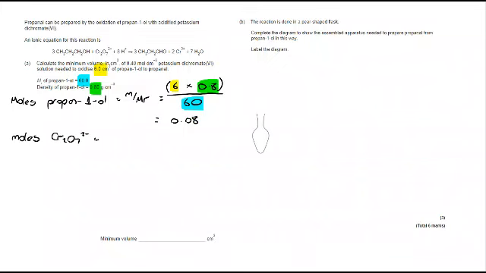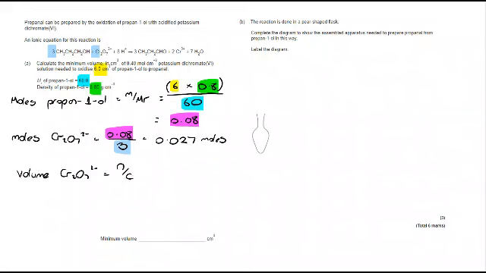For my moles of Cr2O72-, we are going to need to use the mole ratio. 3 moles of propan-1-ol require 1 mole of Cr2O72-, so we're going to divide that 0.08 by 3 to get a value of 0.027 moles. We can then work out the volume of Cr2O72-.